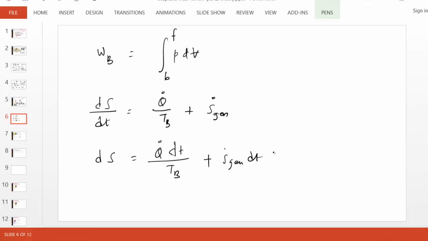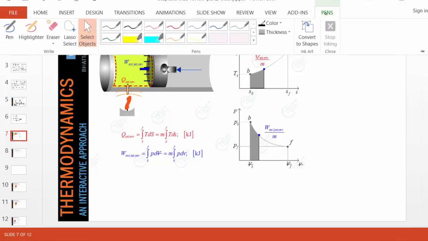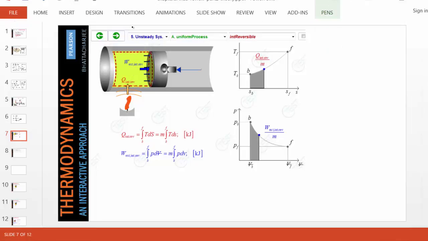And now suppose the system is internally reversible, which means there is no friction inside. That is an ideal system, ideal process. Then you can see that if a system's temperature TB changes, okay, let's go to this plot. Suppose I have a system whose temperature is changing as the system is getting heated and work is getting done in a process.